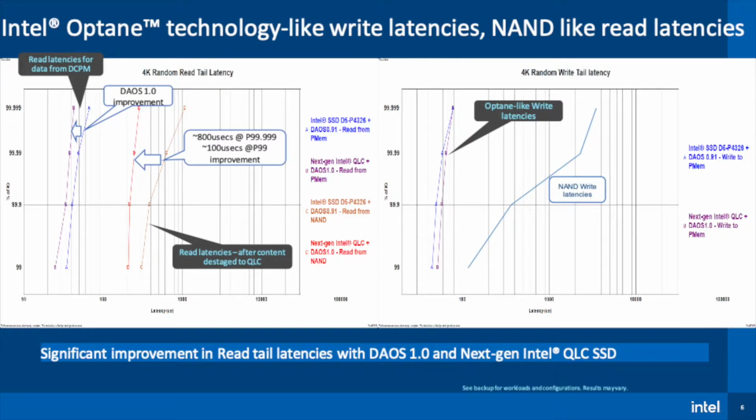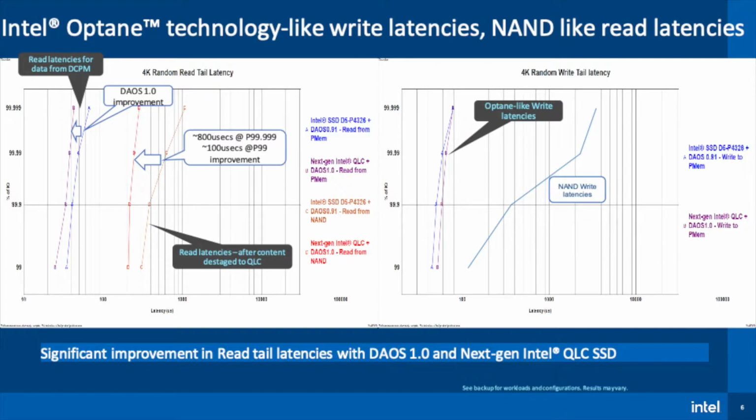We saw a significant improvement in read tail latencies with DAOS 1.0: about 800 microseconds of improvement at 5 nines of latency and 100 microseconds at the 99th percentile for the reads that came from NAND after the content was destaged to QLC.